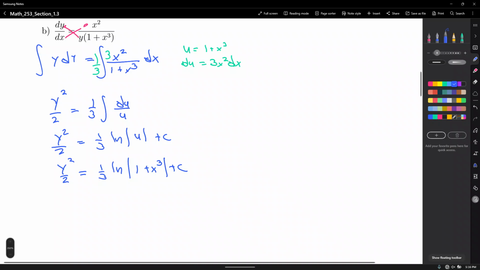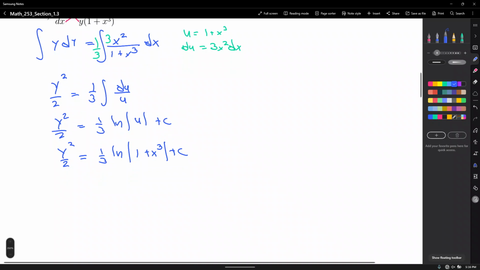So x can be positive or negative, and a negative number cubed, especially a really big number cubed, is going to give us a really big negative number, plus 1 is still going to be negative, so we need the absolute value bars to fix that domain problem. If the result were something like 1 plus x squared or 1 plus x to the 4th, well, raising to an even power, we don't need absolute value bars. You can keep them anyway, but they're not necessary.